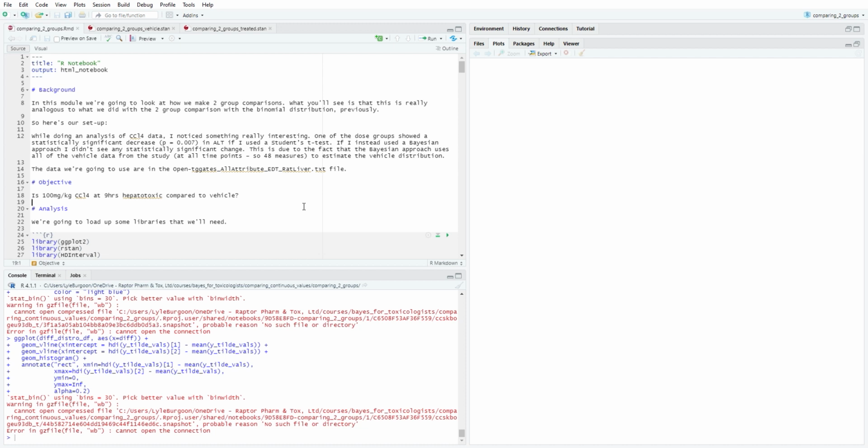But unfortunately, in toxicology and pharmacology, and sometimes in biology in general, we don't have that many animals to deal with. Sometimes we're lucky to have 5, sometimes we're lucky to have 7, sometimes we only get 3. And when you have so few animals, it's hard to understand what the population distribution might actually be.